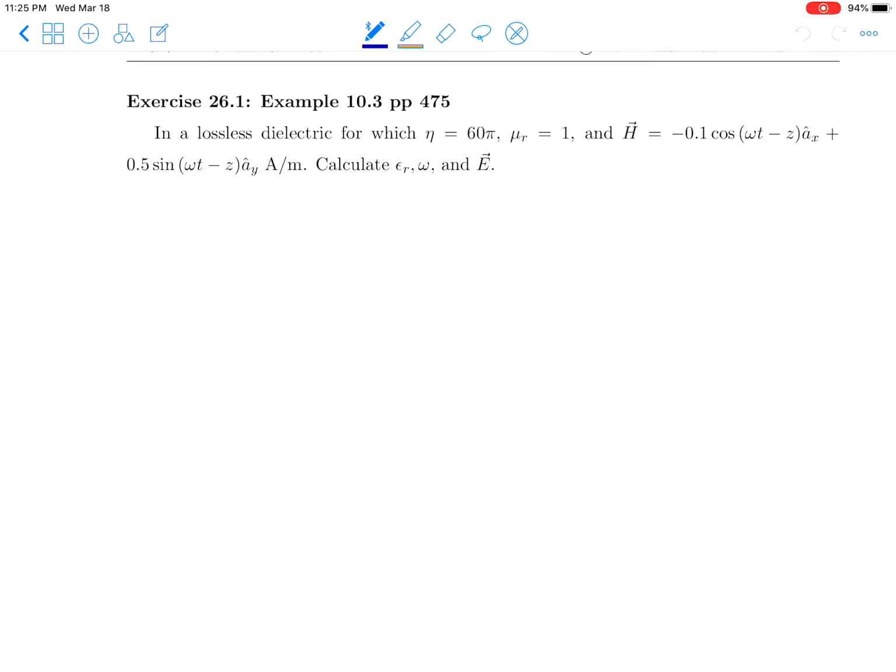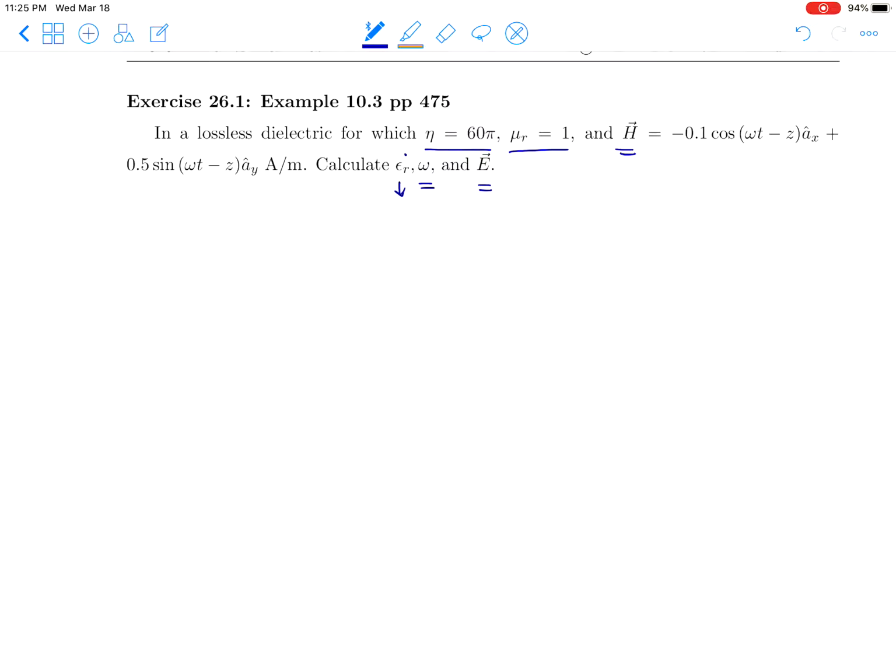So the first one says: in a lossless dielectric, we're given the intrinsic impedance eta, we're given the relative permeability, which is 1, and we're given the electric field and the magnetic field, and we're asked to find the relative permittivity, the angular frequency, and finally the electric field.